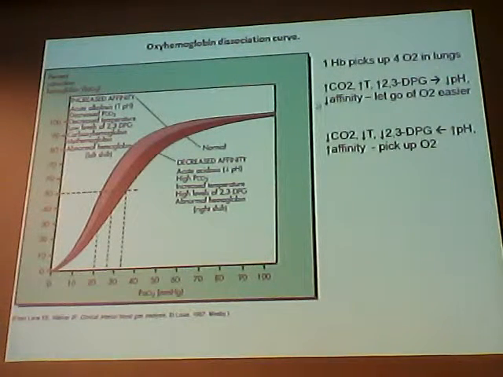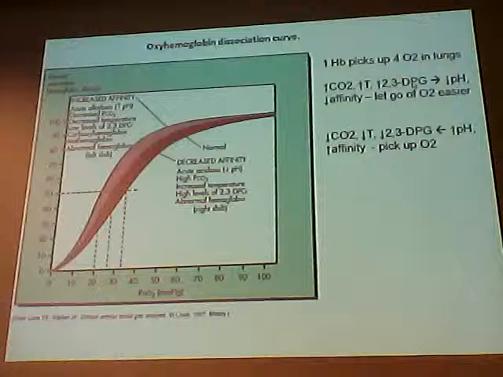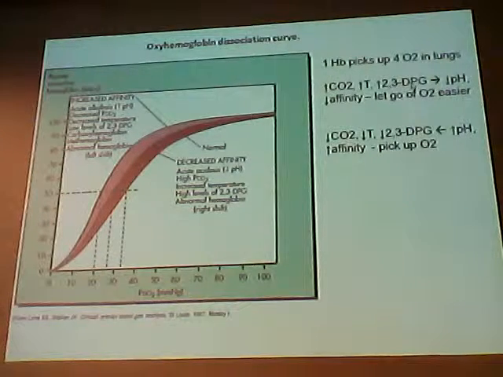And so if we think about these different factors, what does decreased versus increased affinity mean? We have decreased affinity if we have, for example, a high CO2, a high temperature, a high 2,3 DPG, which is just another factor associated with all of this.